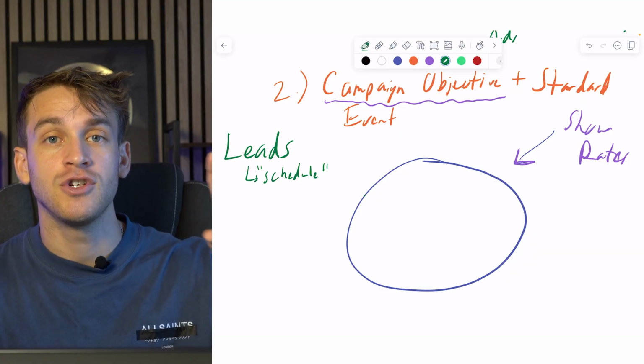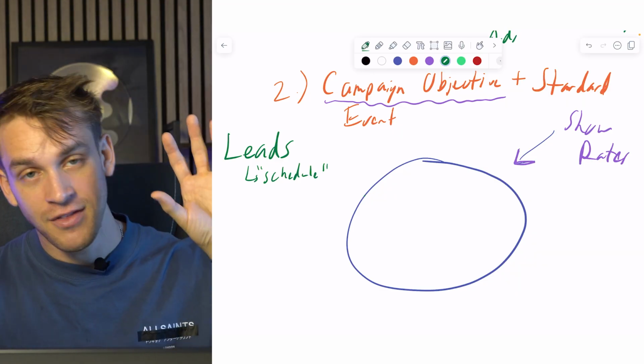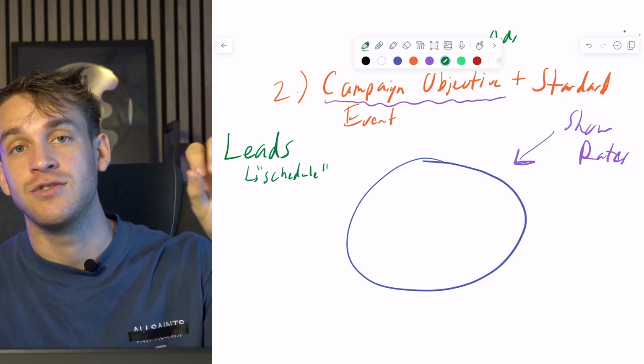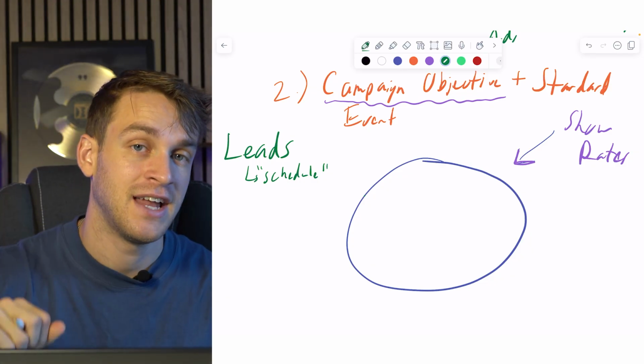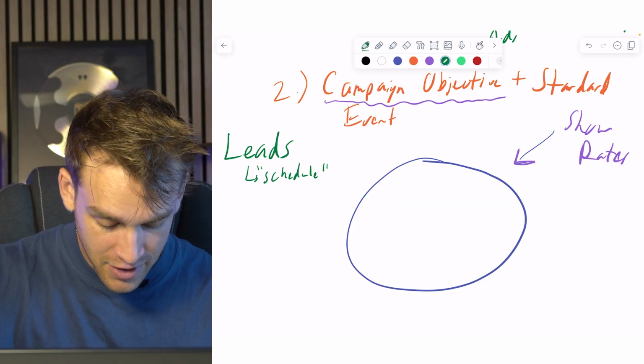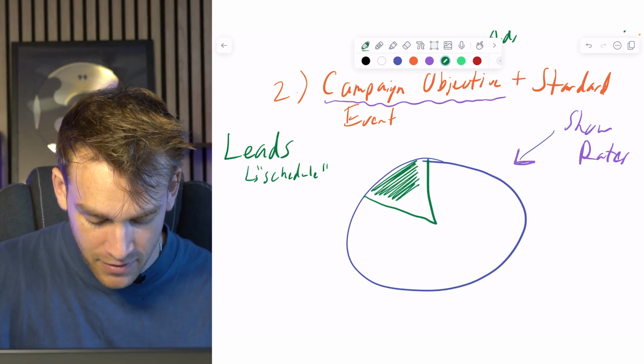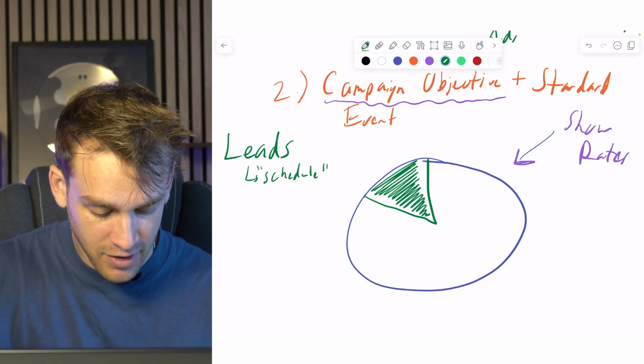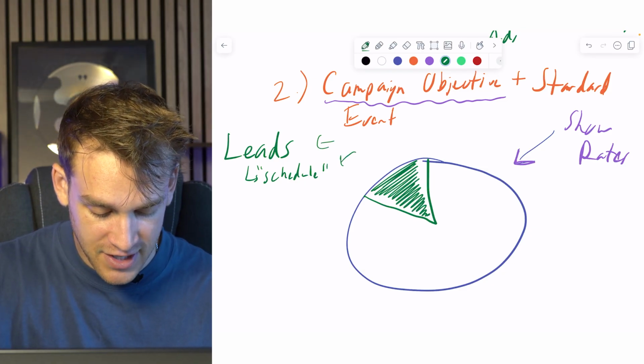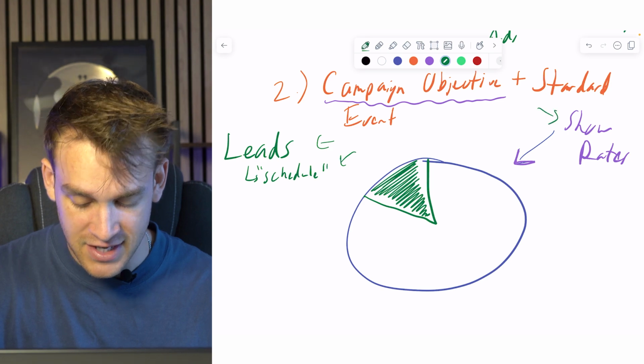These people are most probable to convert with the leads campaign objective and the schedule standard event, and also this set of messaging. And it's going to say, all right, cool. We're going to serve to these people here because these people are most probable to convert, again, based upon this campaign objective, this standard event that Meta was given, and this set of messaging.